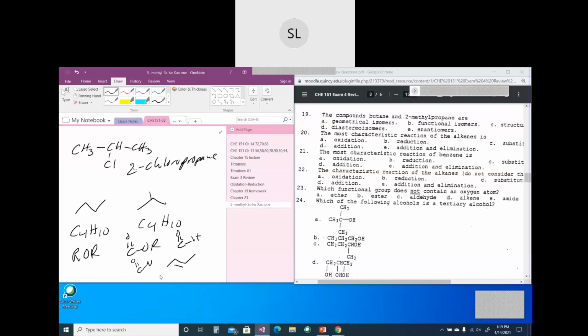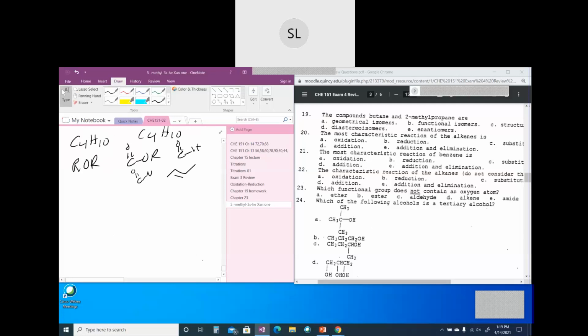All right, which one of the following alcohols is tertiary? So the first one has a carbon with no H's and 3 carbons. So your first one there is tertiary. So A is tertiary. So that's the answer to the question. But if you look at B, that's a CH2OH. That's primary. C has a CHOH. That's secondary.